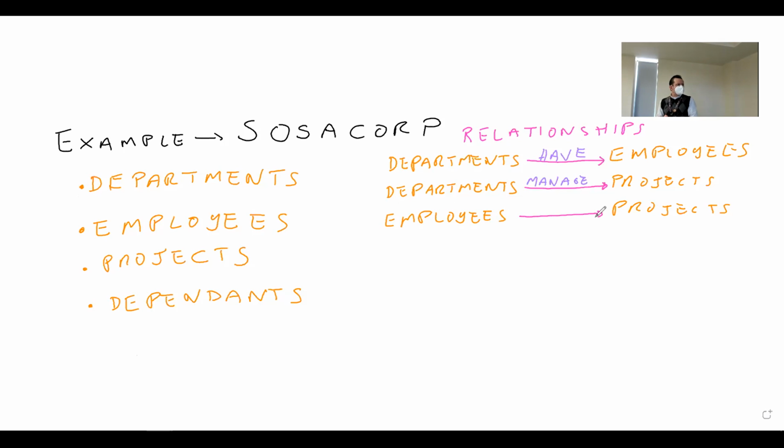Create. Employees create projects. Now, it's the second, develop. Why would I go more with develop than create? Remember that the relationship has to describe the association. If I say create, because it was mentioned before with, I think, departments and projects, creating means I created it, it's there.